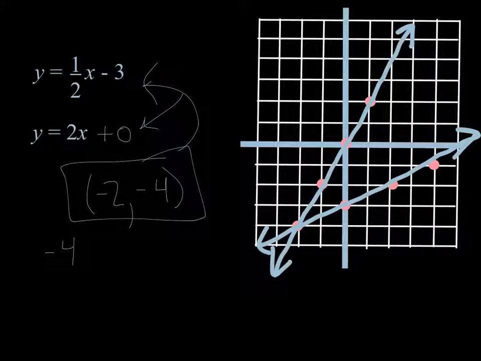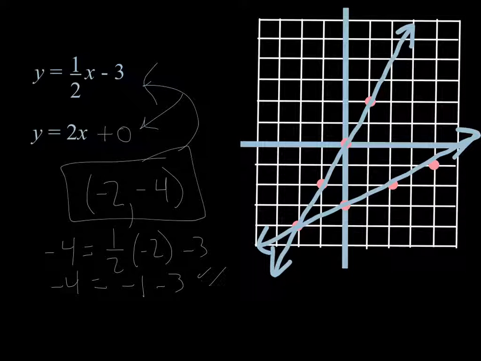First one, we have negative 4 is equal to 1/2 times negative 2 minus 3. 1/2 times negative 2 gives you negative 1. Subtract 3 from that, and you do get negative 4. So that part double checks. And negative 4 is equal to 2 times negative 2, so that double checks as well. So this is definitely your solution to this system of equations.